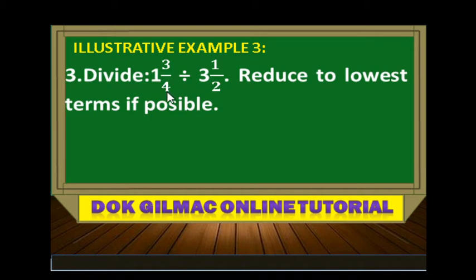Okay? So we have 4 times 1 is 4, plus 3 is 7. So we have 7/4 divided by 2 times 3 is 6, plus 1 is 7, 7/2. So take note, 7/2 is the divisor. So we have 2/7 as the reciprocal.